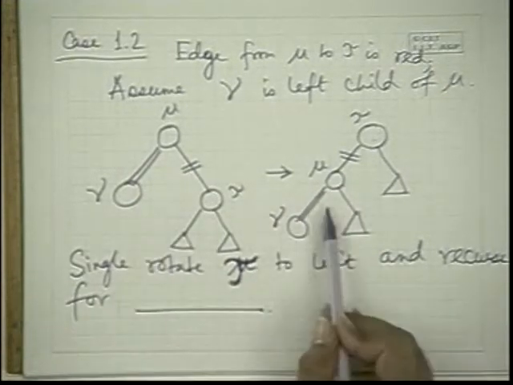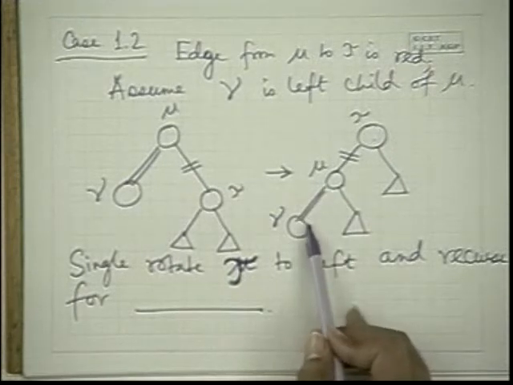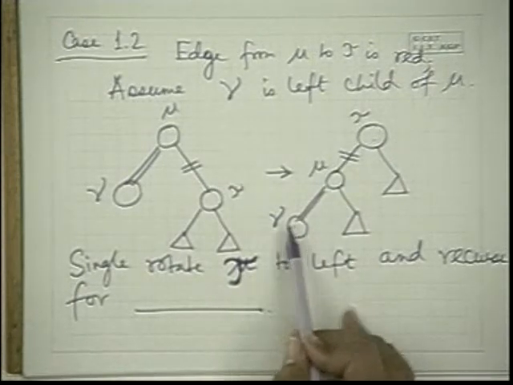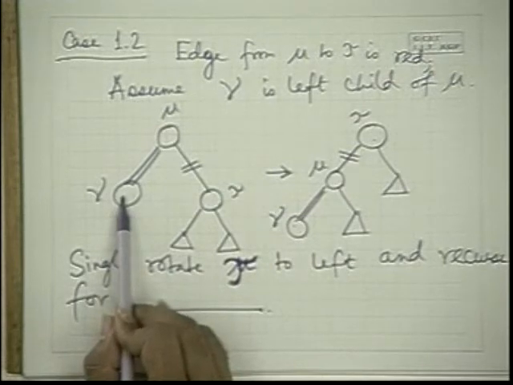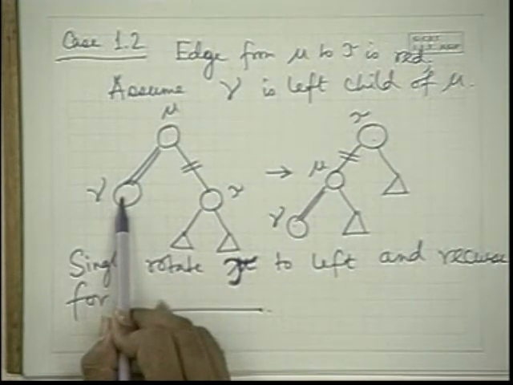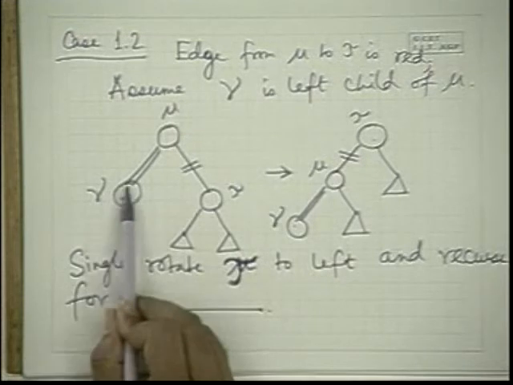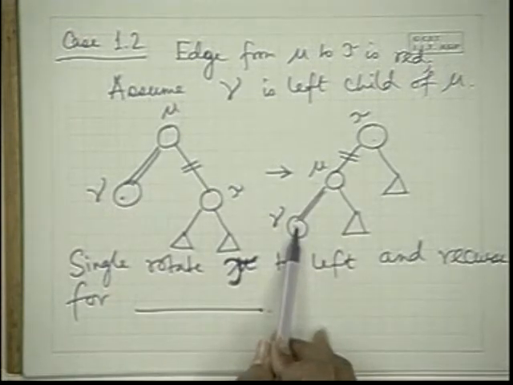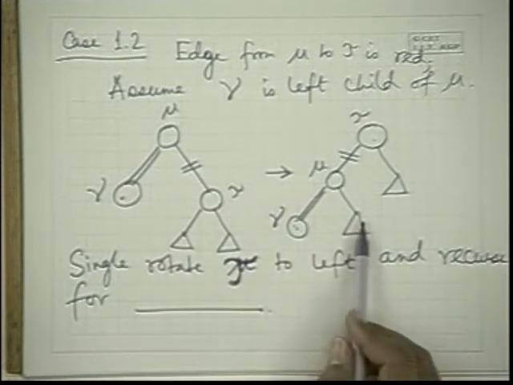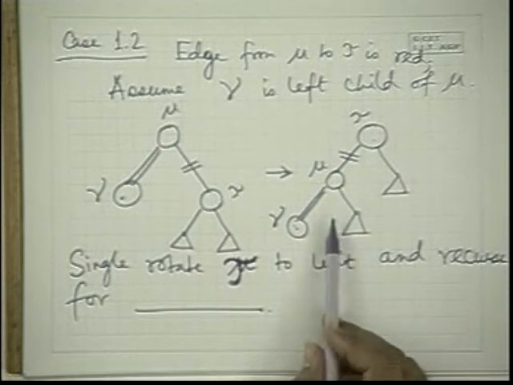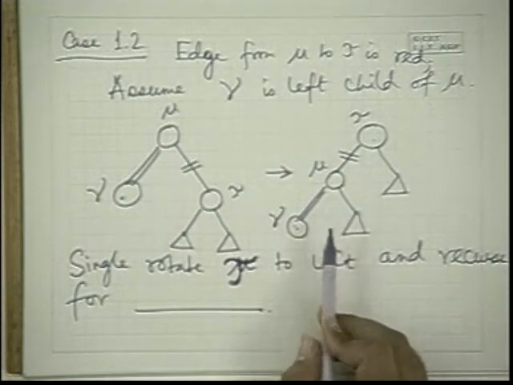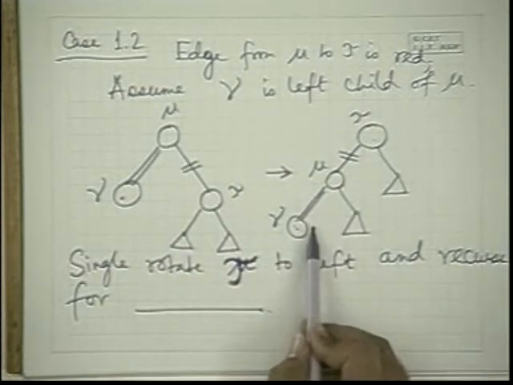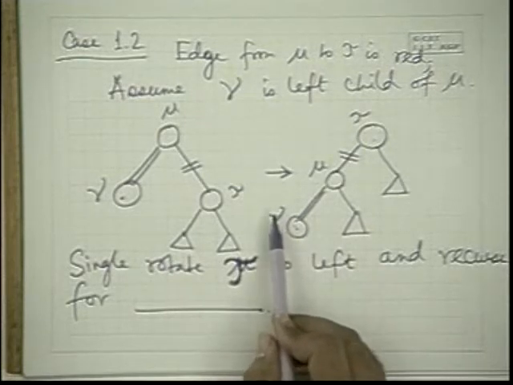But now we have not taken care of this double black edge at all. See, we are handling this node, remember, an incoming edge of nu that is double black. We did something, still incoming edge of nu is double black. Then why did we do this? The point here is, by doing this we have gone back to case 1.1.